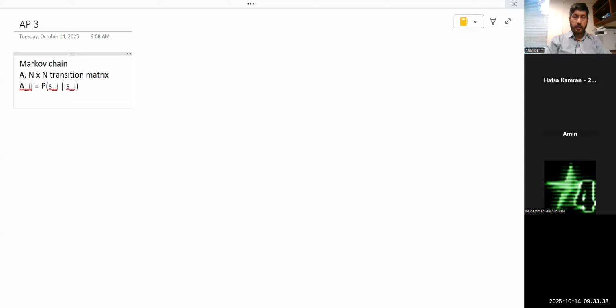So this one element represents the conditional probability of going to state j from state i, where all of these states Si come from a set of possible states. Capital S is the set of all possible states, and there are n possible states. That's why this matrix is n by n.